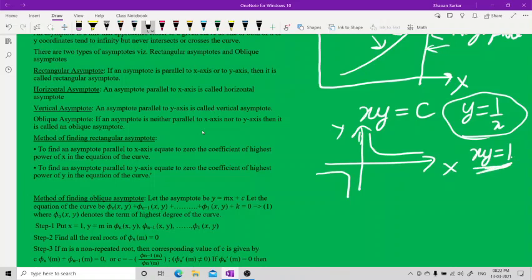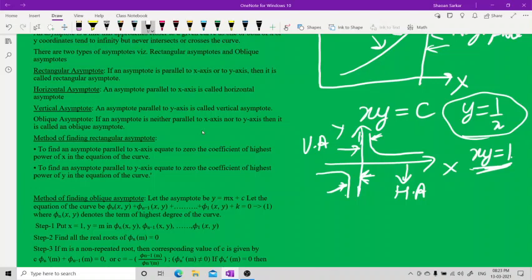Now in this case, this x-axis is the horizontal asymptote and this y-axis is the vertical asymptote. Let me write. Y-axis is the vertical asymptote. ये x axis horizontal क्यों है और ये y axis vertical क्यों है? यहाँ पे ये वाई एक्सिस इस कर्व को इन्फिनिटी में टच करेगा, मतलब कभी भी नहीं टच करेगा.